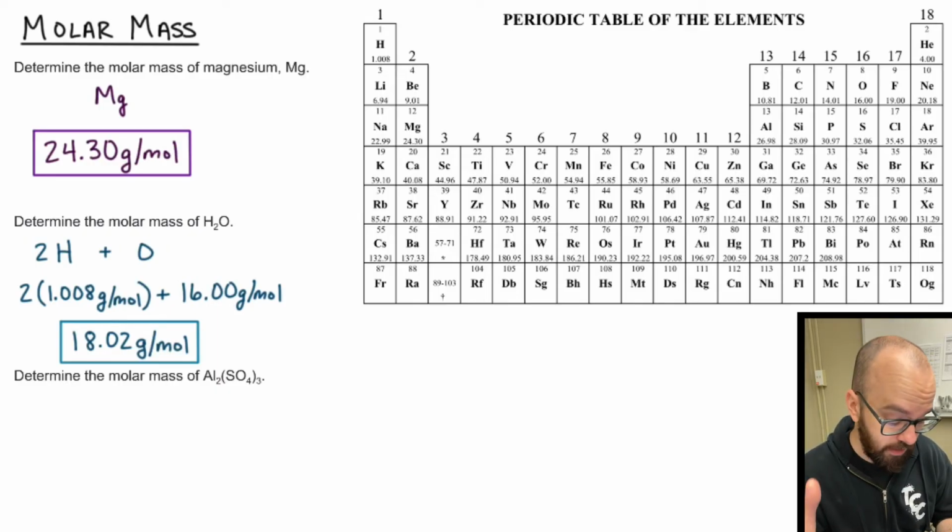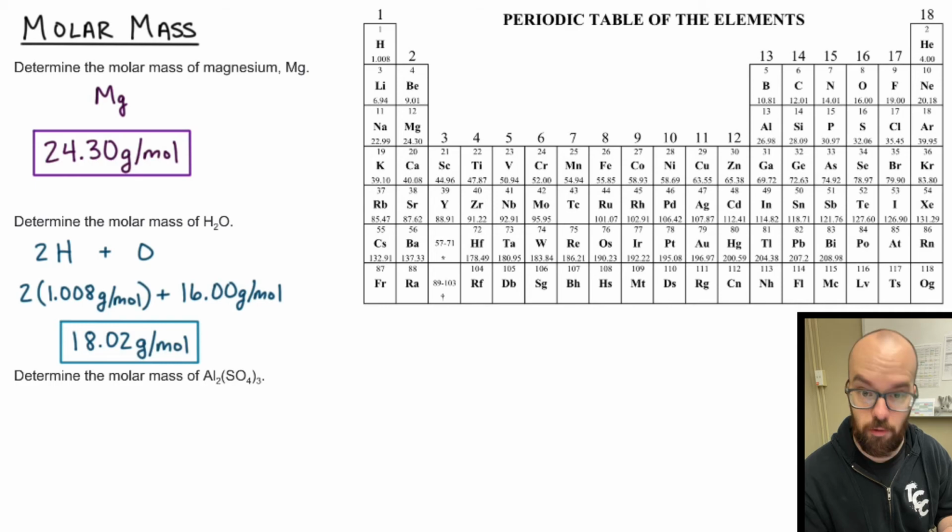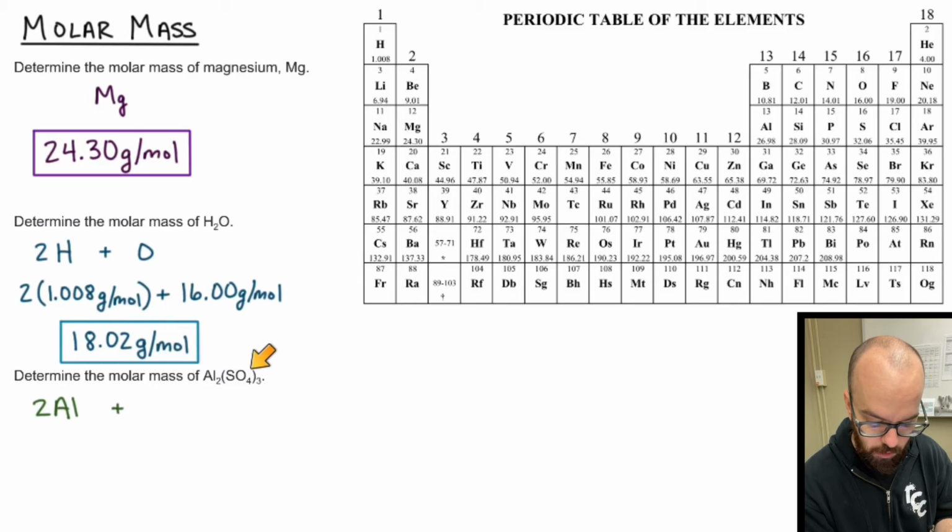Our third example says determine the molar mass of aluminum sulfate, or Al2(SO4)3. Now there's a lot of subscripts going on here, so let's break this problem down. First of all, it's Al2, so I know I'm going to have 2 aluminum atoms. Next I have the sulfate ion, SO4, but this subscript that's after the parentheses, that 3, means that I'm going to have 3 sulfate ions total.